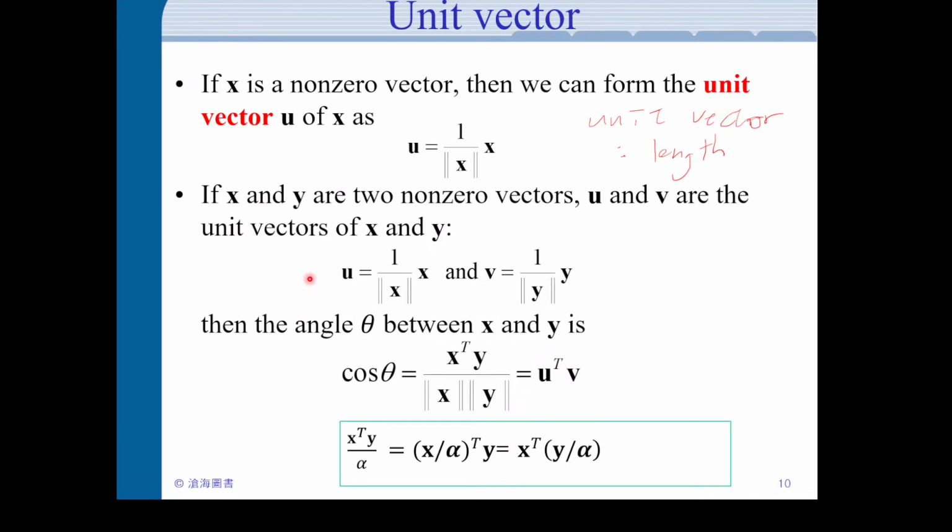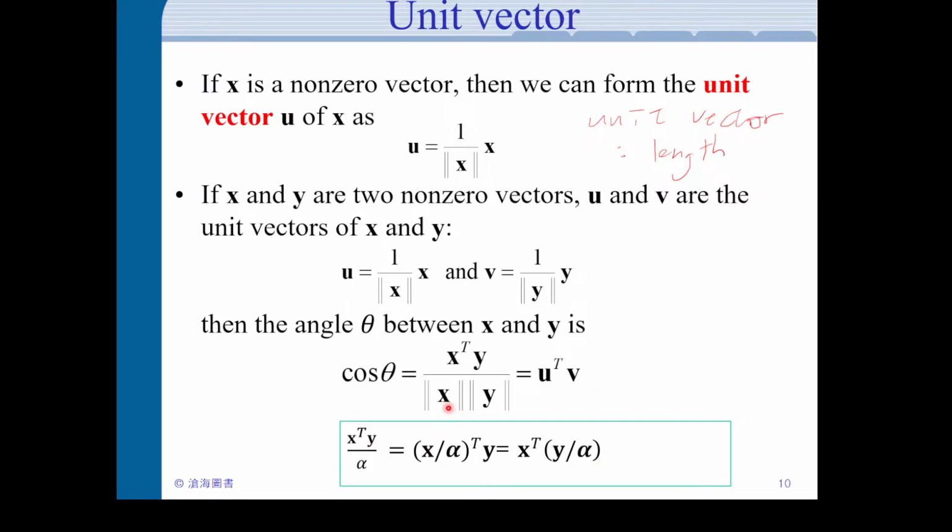So we do the division, and because we know inner product is just matrix multiplication, it's linear in x and linear in y. So when you have an inner product of x and y divided by some alpha, it's equal to x divided by alpha inner product with y, or x inner product with y divided by alpha.